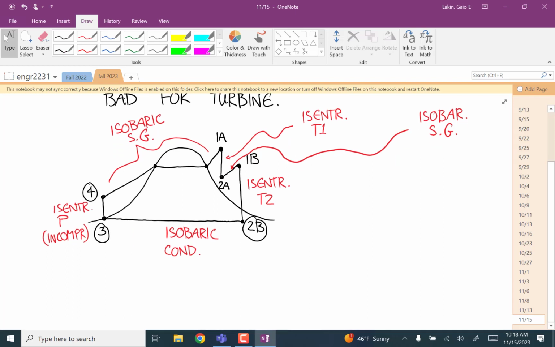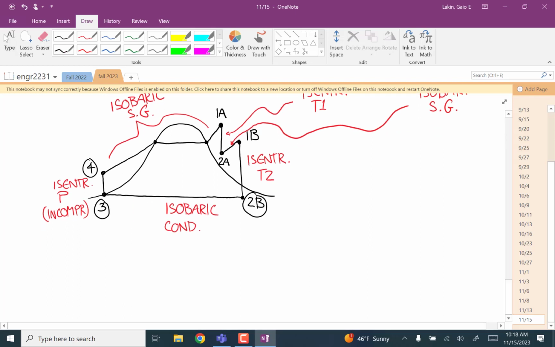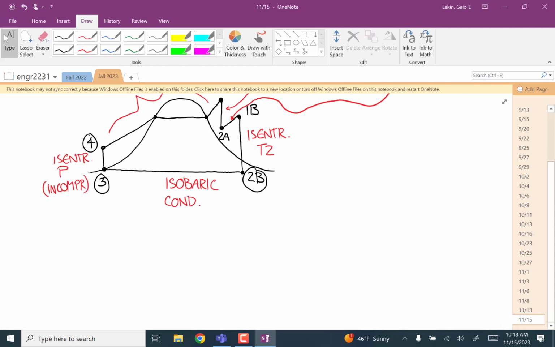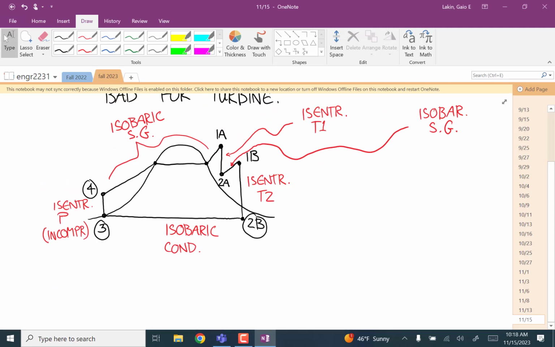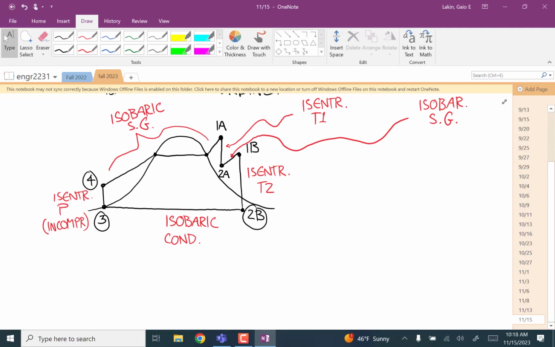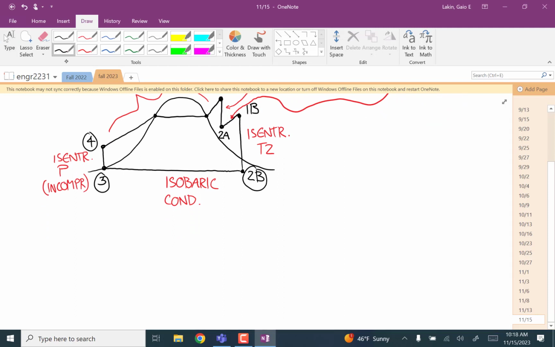There is something new that you have to consider with this reheat cycle when you think about the efficiency.